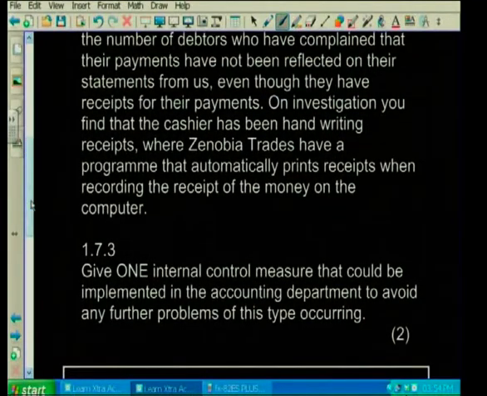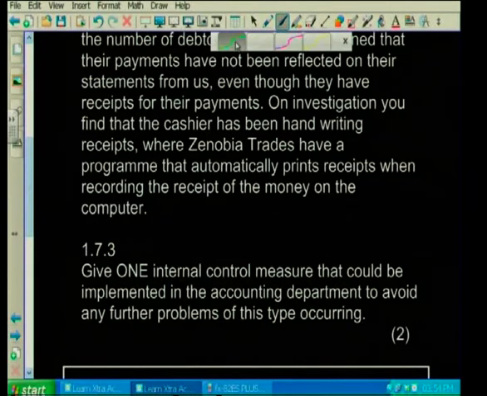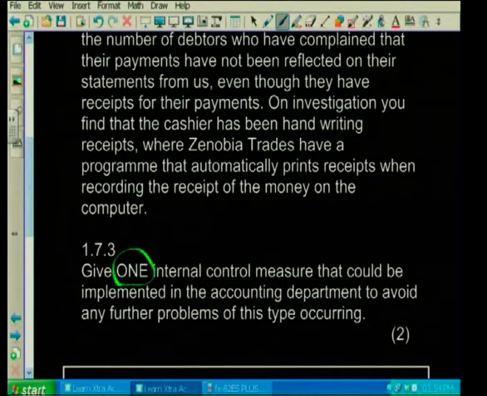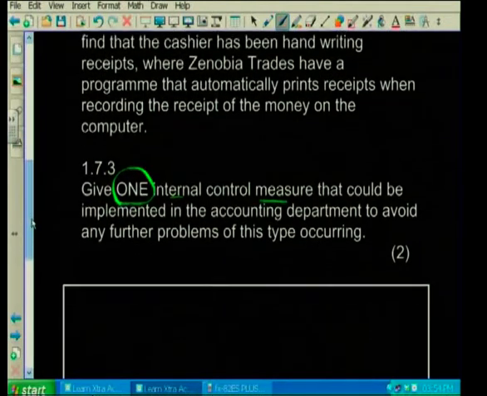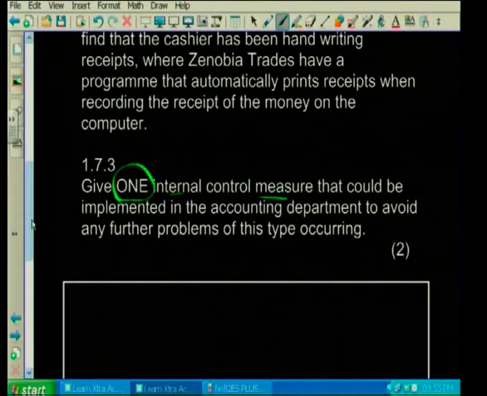Remember, the scenario hasn't changed. It's the same scenario. We're not going to go through it again. The question now says, give one internal control measure that could be implemented in the accounting department to avoid any further problems of this type occurring.